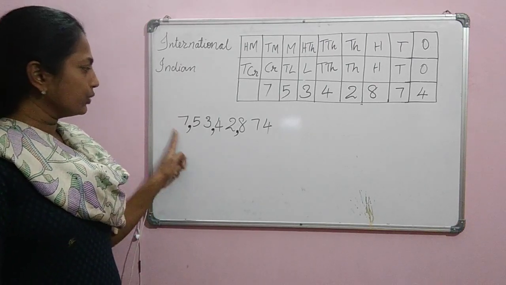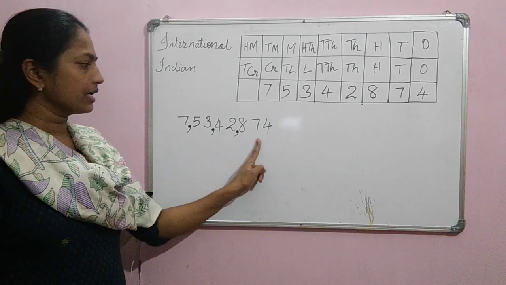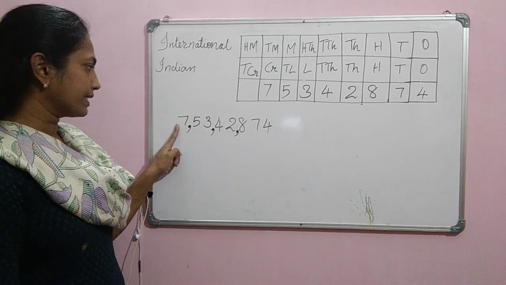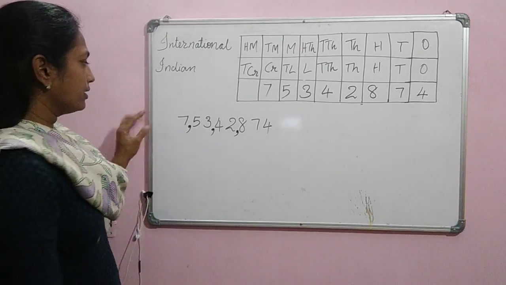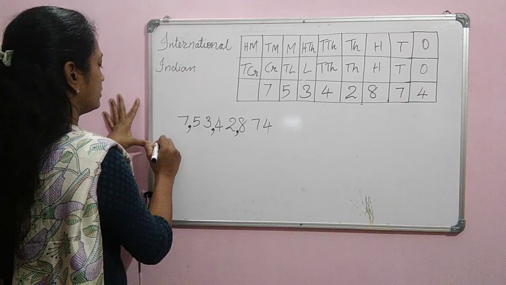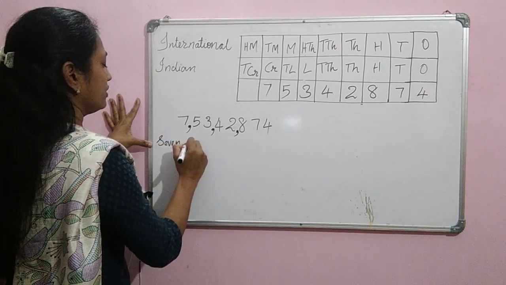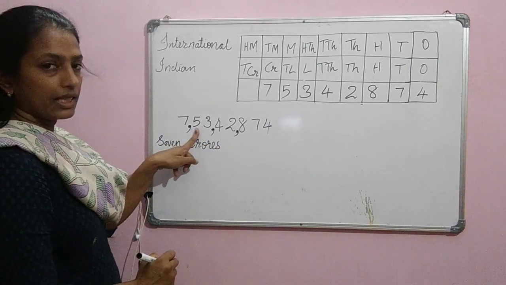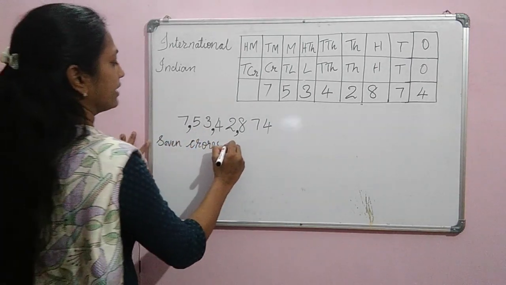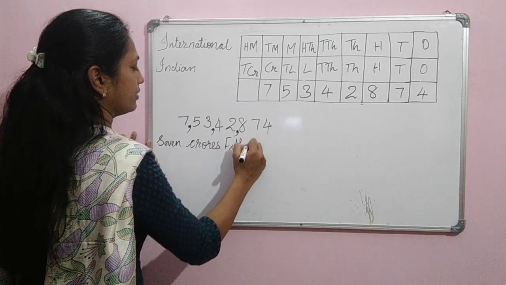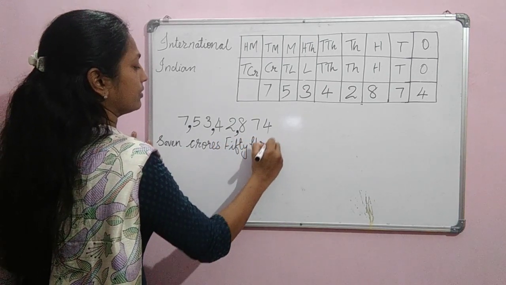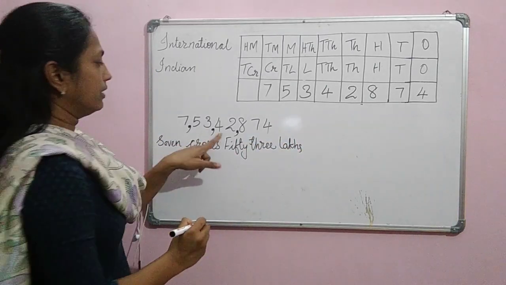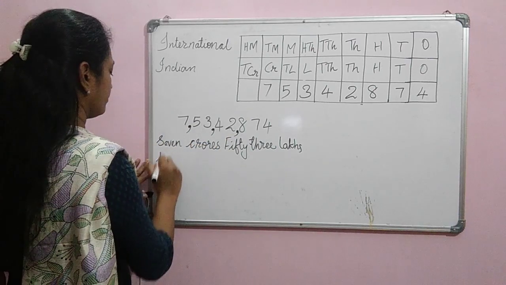So with using this system, this commas, it is very easy to write the number name. So let's start from this crores. So this is 7 crores. Next, lakhs, 53 lakhs. Next, 42 thousands.